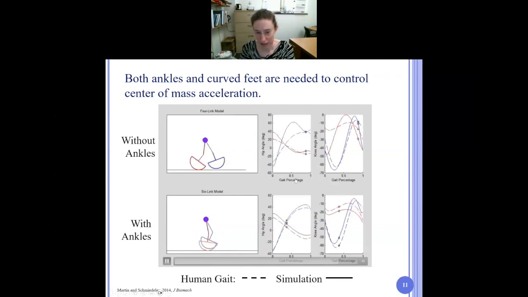This middle set of plots shows the hip angles. The right set of plots shows the knee angles. And as you can see, the model with ankles did a much better job of matching the experimental data than the model without ankles. And this was true across all the walking speeds that I tested. As a result, I concluded that the model needed both curved feet and ankles in order to walk in a human-like manner.